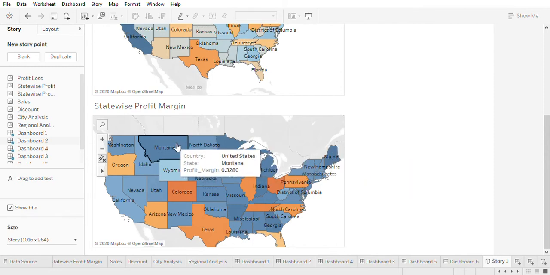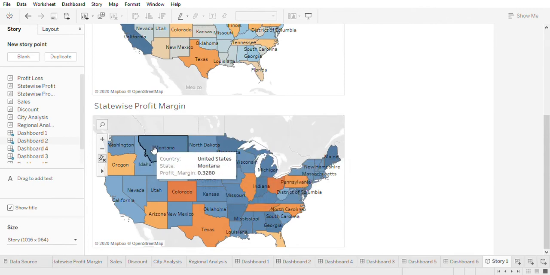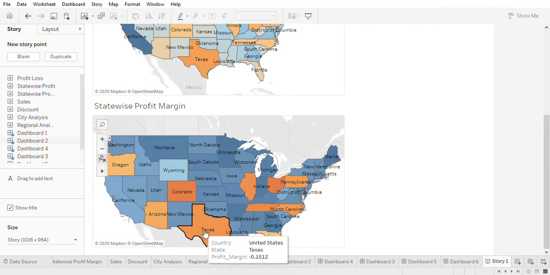So these states are performing well. Since the population of these states would be less, the sum of profit would be less, so the profit divided by the sales would be a good margin to look at. And we can also see Colorado and Texas are not performing very well.